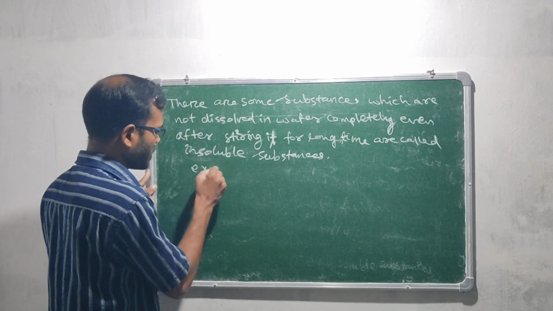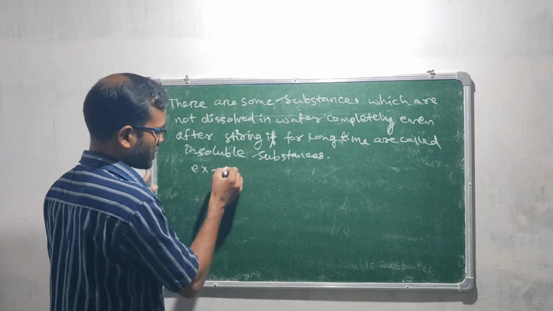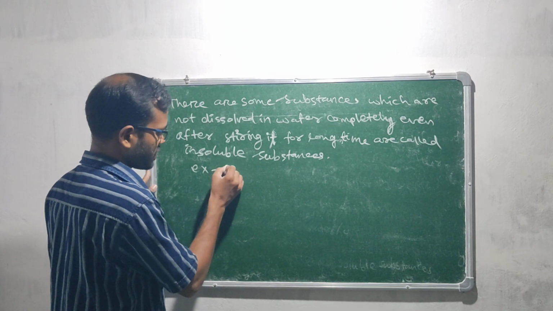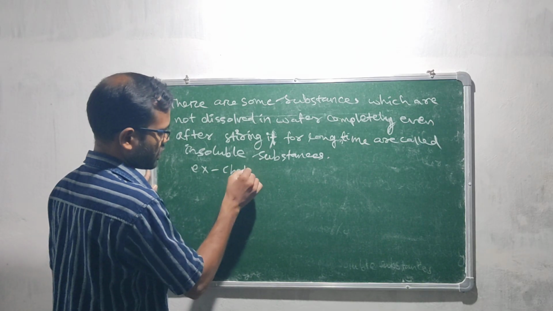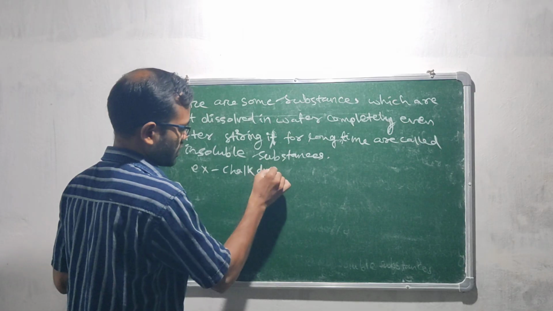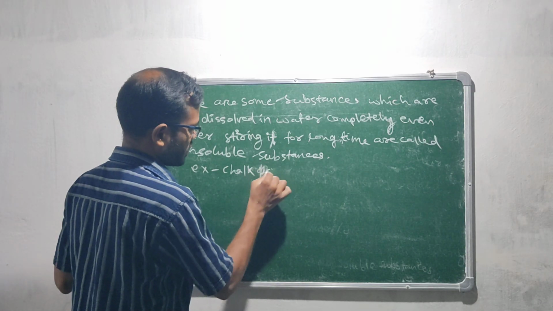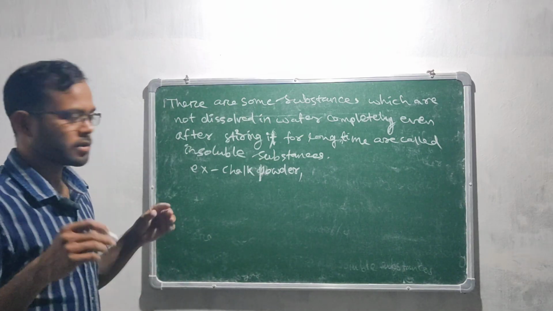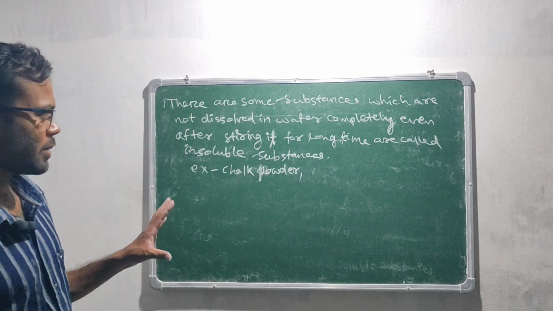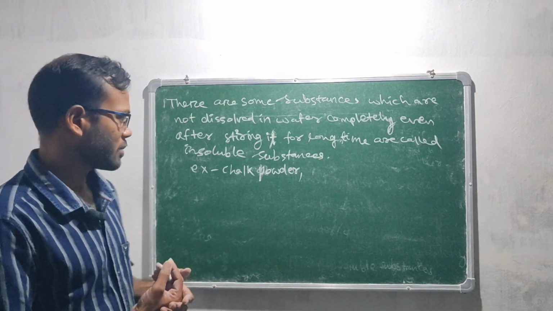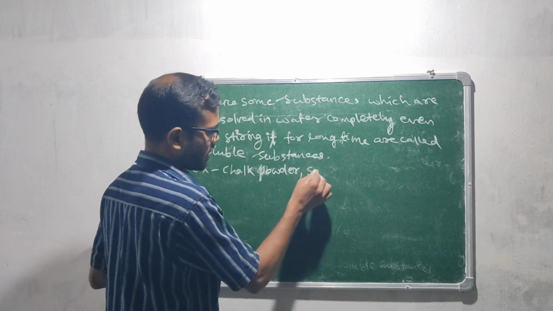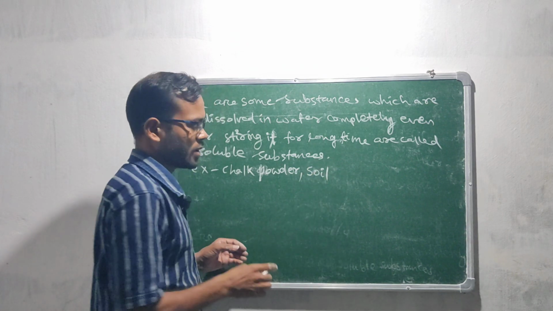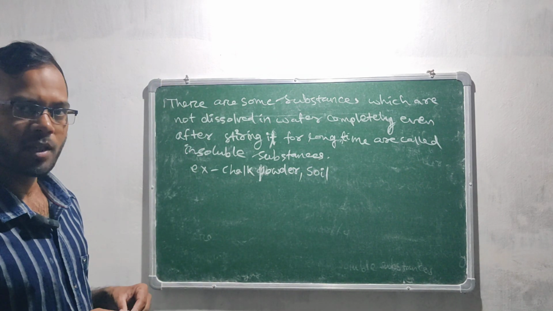For example, chalk dust or chalk powder. Can we dissolve the chalk powder in a glass of water completely? No, it's not possible. Soil. Can we dissolve the soil in water completely?